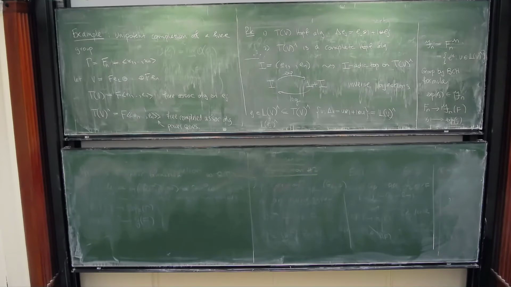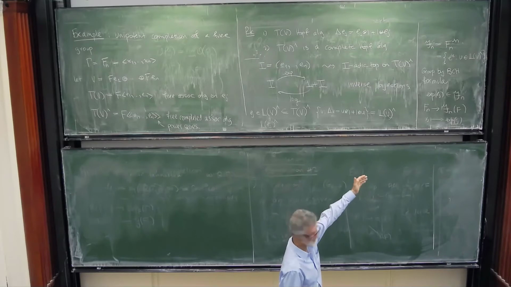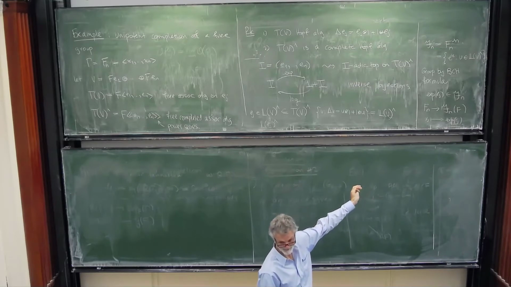Like, what does exp of e_j look like? I mean, it's just the usual exponential series. So what does a general element look like? It looks like e to an element in the free Lie algebra.